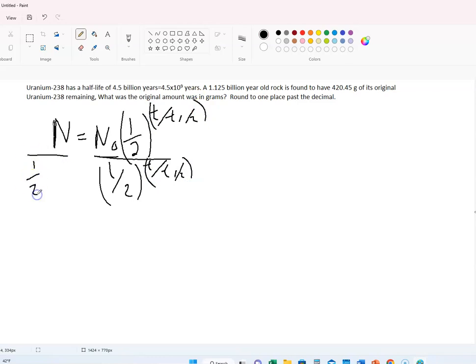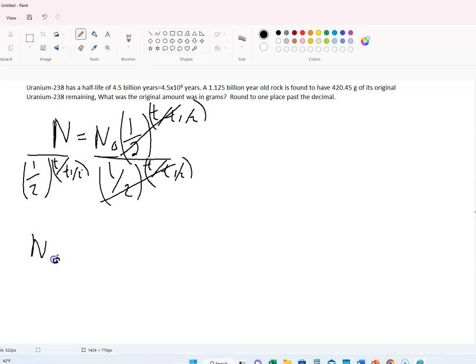T 1/2 is, of course, the half-life. Then this 1/2 term cancels, and that gives us N sub 0, which is what we're looking for.